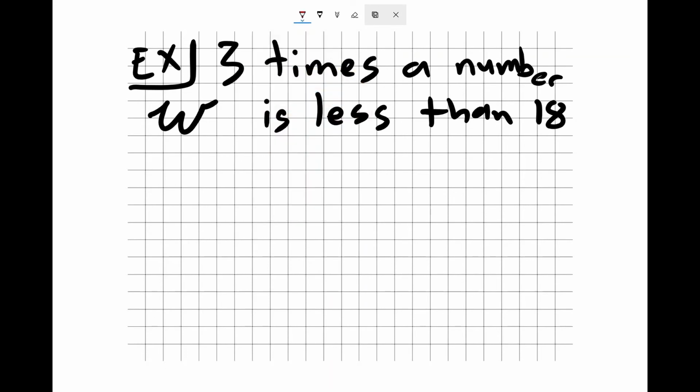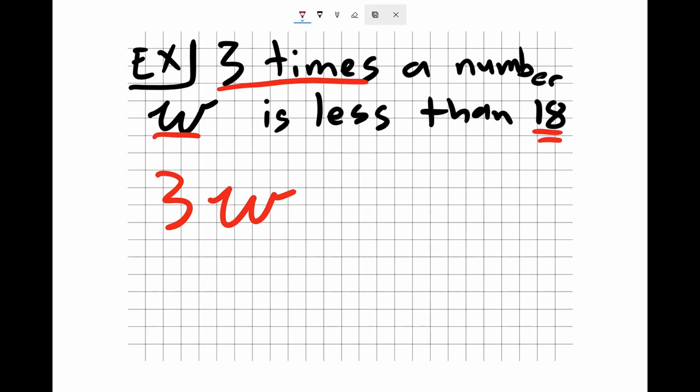Again, in an inequality, you are comparing 3 times a number W with 18. Recall, 3 times a number simply translates to 3 times W, or just 3W.